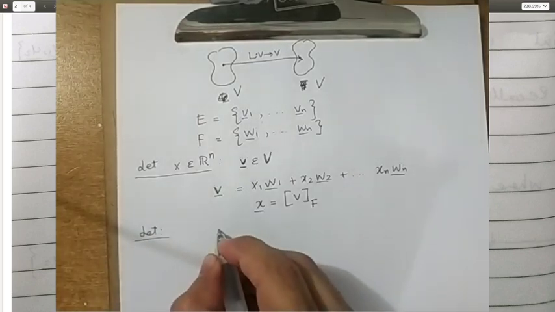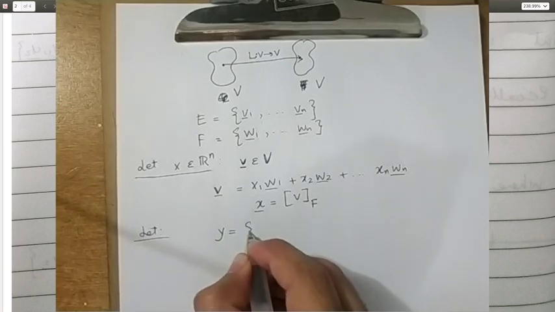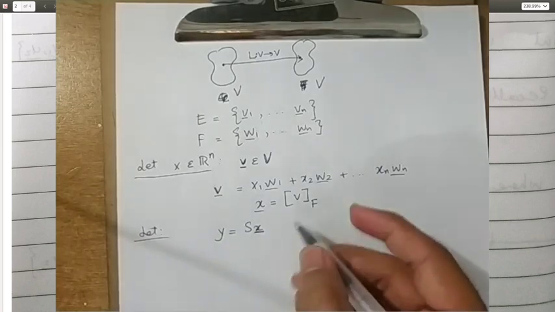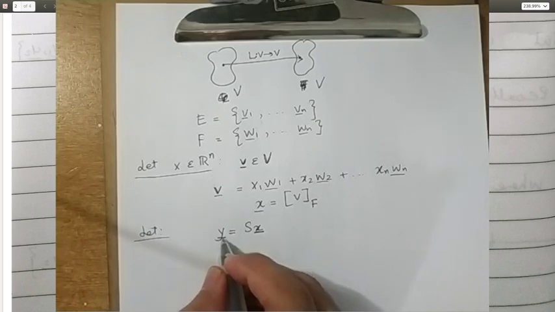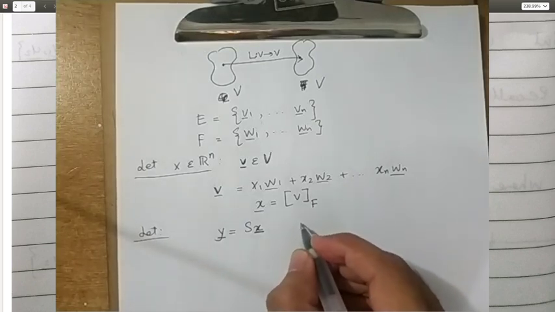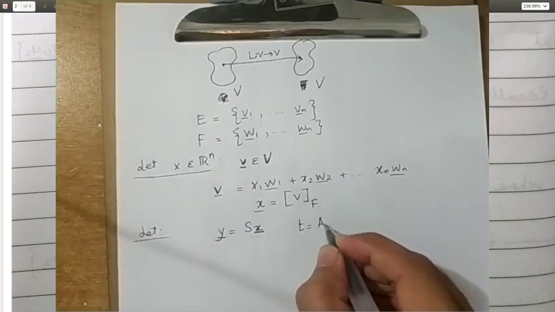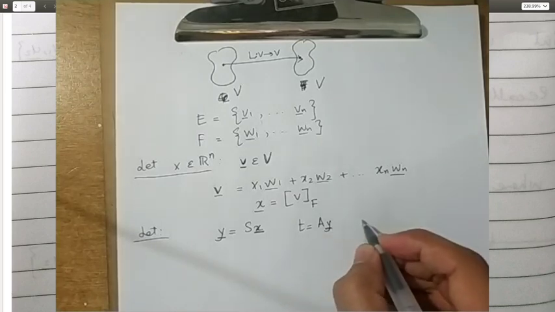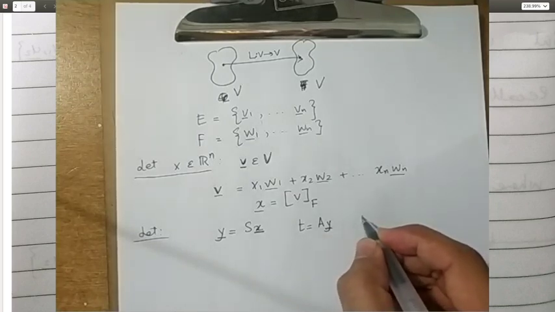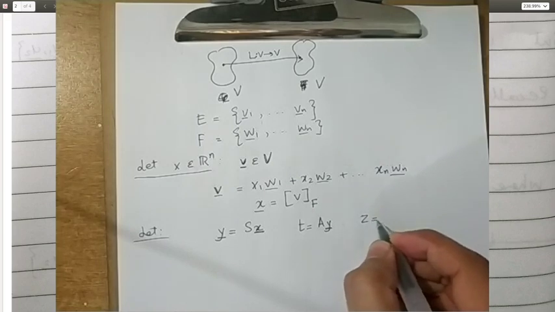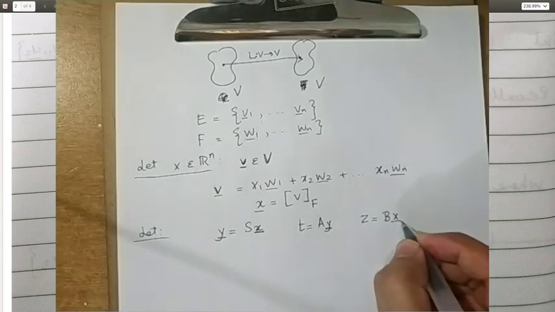We define y equals S times x, t equals A times y, and z equals B times x.